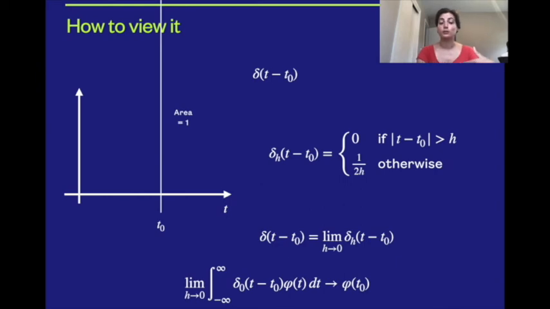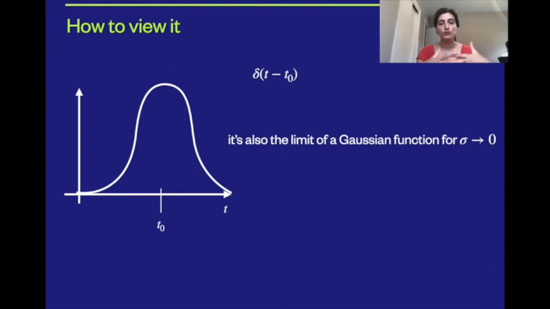So it does correspond to what we defined before. We can also view it as the limit of a Gaussian function around t0 for sigma going to 0. It's the same idea: the Gaussian function has, by definition, an integral of 1, and when you take the limit for sigma going to 0, you're squishing that area all on top of only t0.